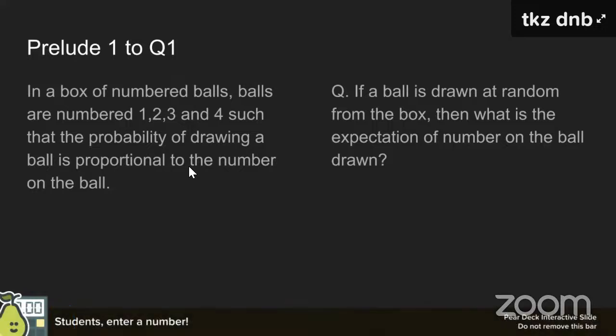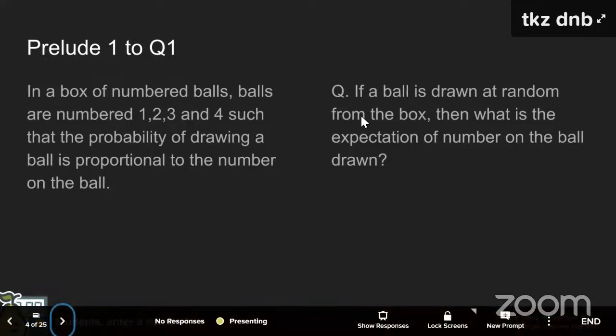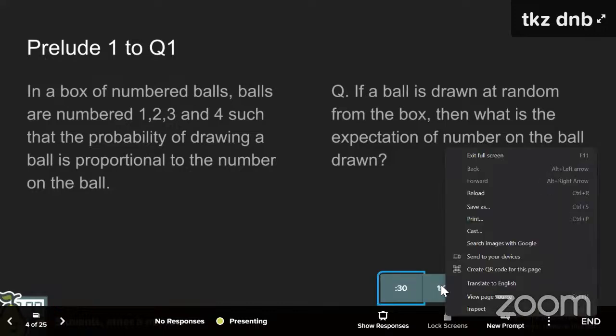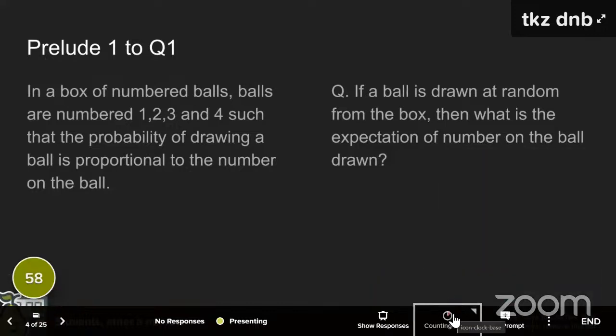So the probability of drawing the ball numbered 1 is 1 times some constant, and the probability of picking the second ball is 2 times some constant. If a ball is drawn at random from the box, what is the expectation of the number on the ball drawn? I'm starting the timer. Just put your answer on the Peardeck.